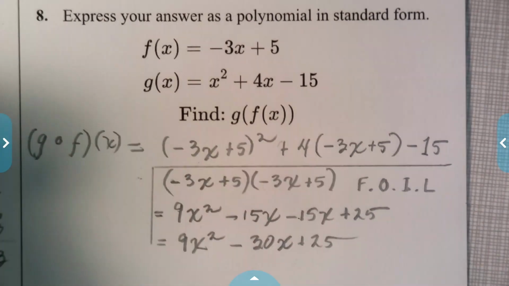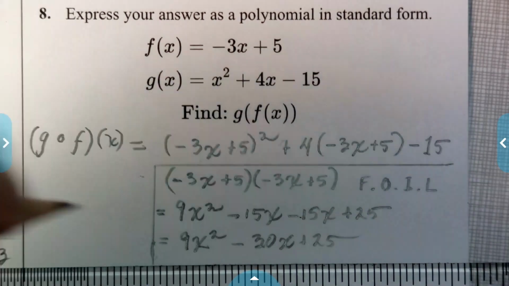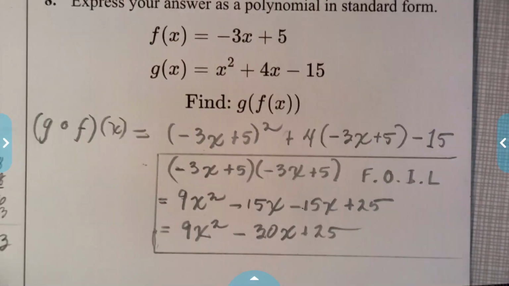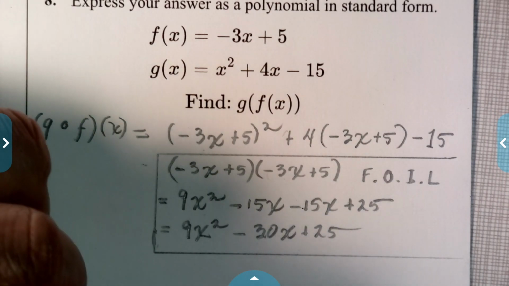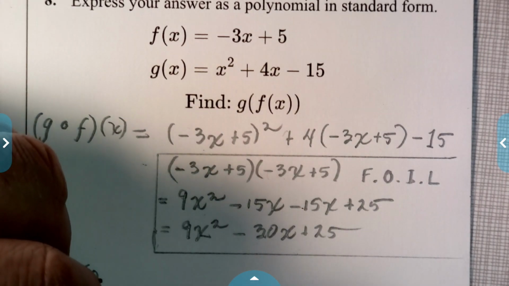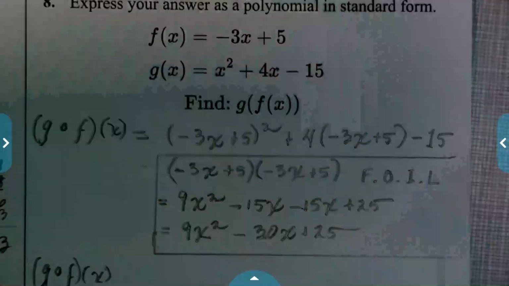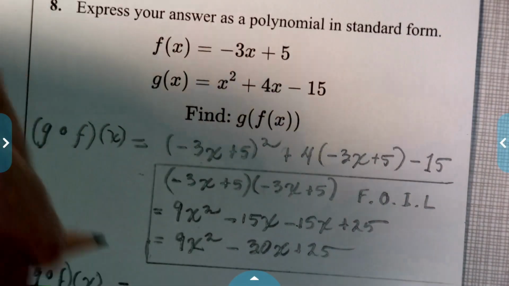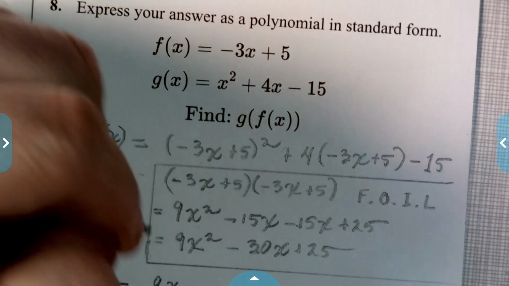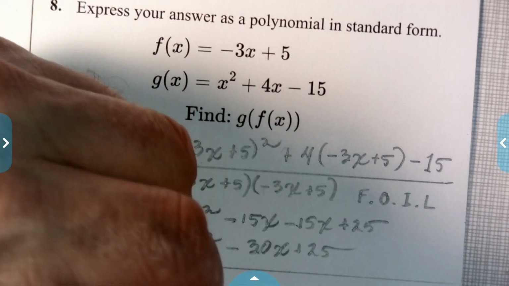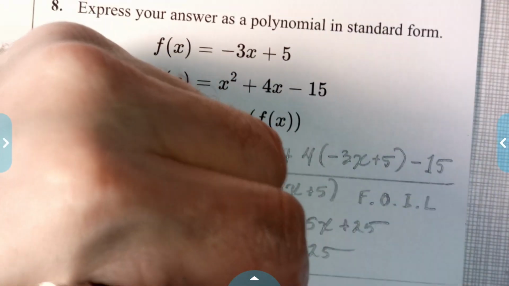Okay, so going back to the problem, we'll say g of f of x is equal to 9x squared, we don't need any parentheses anymore, 9x squared minus 30x plus 25.